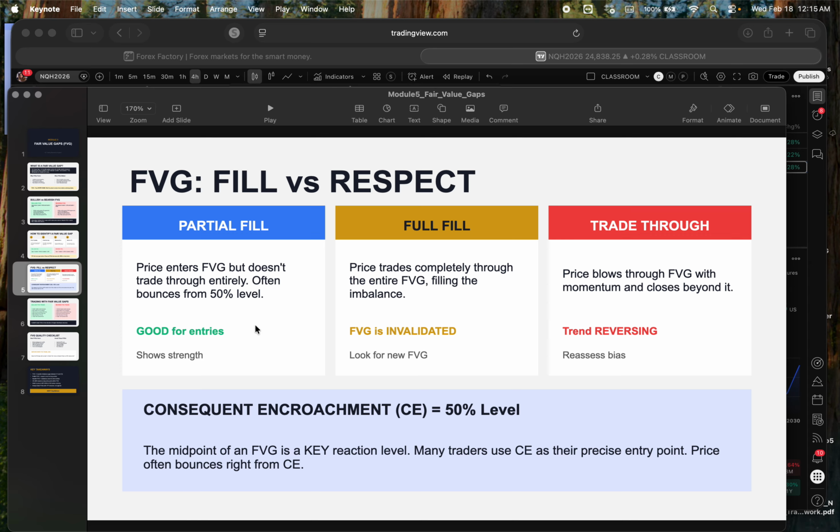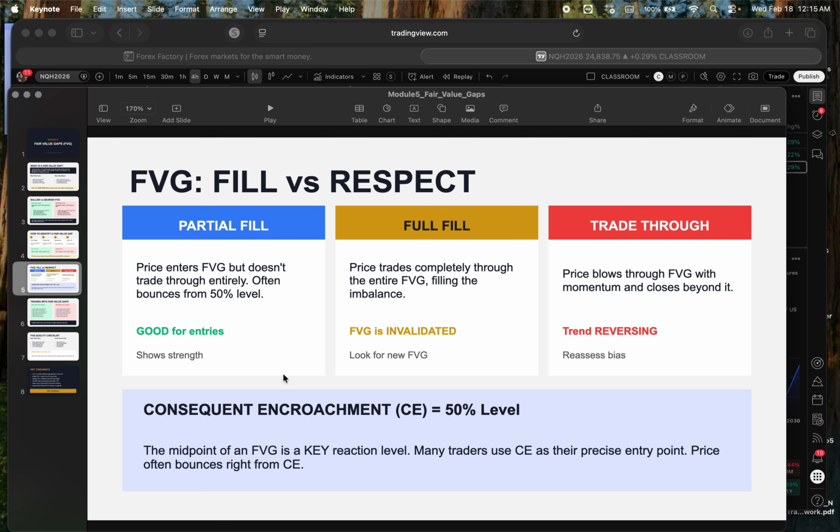And then a trade through, which is what we don't want, is when the candle not only gets into the gap, but goes above the gap or below the gap, depending on the direction that price is going, and the candle's body actually goes outside of the gap. That's when we don't want to use that fair value gap.